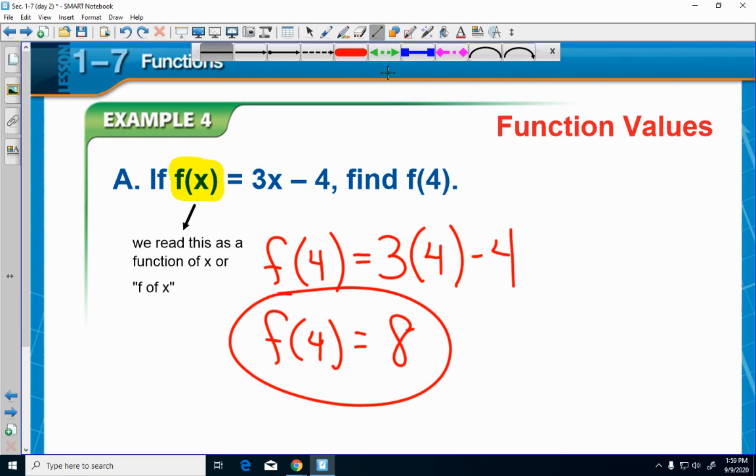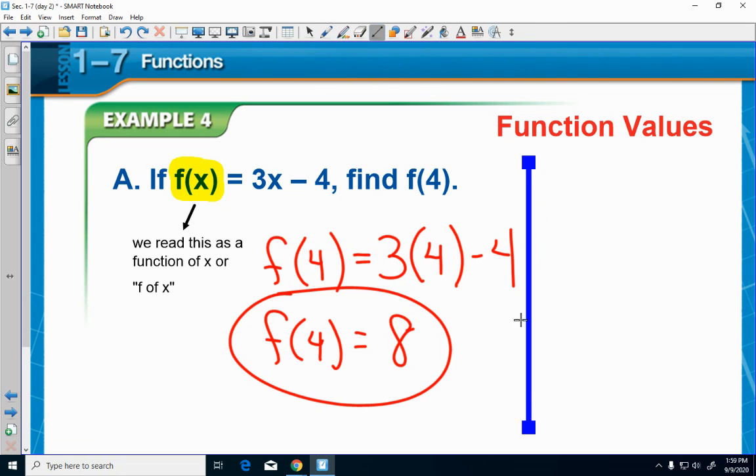Okay. If we took this and we said find f of negative 3. So now I'm not plugging in a 4. Now I'm plugging in a negative 3. So take a second, plug in that negative 3 and tell me what is the answer now in this function.